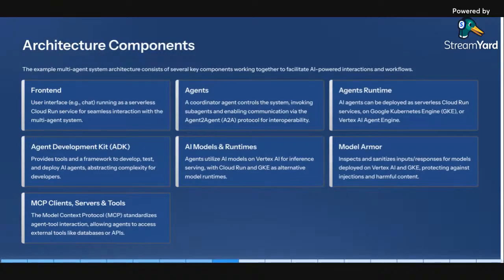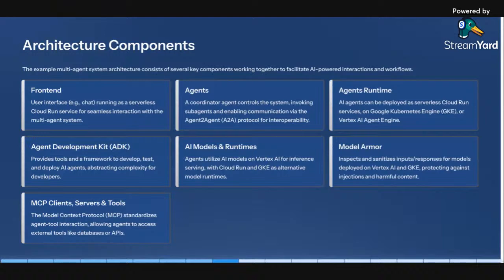The agent runtime defines how it can be deployed on Google GKE and then Vertex AI Engine. The Agent Development Kit is more about designing and deploying these AI agents and abstracting that complexity for the developers. The runtime defined through AI models can help us find and utilize those engines that we are using for inference serving.